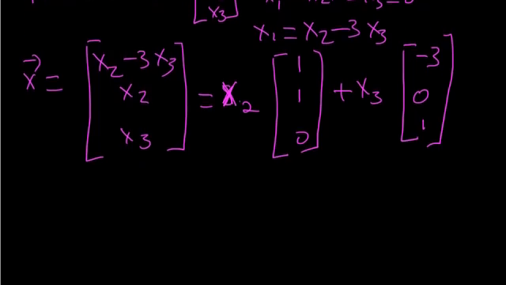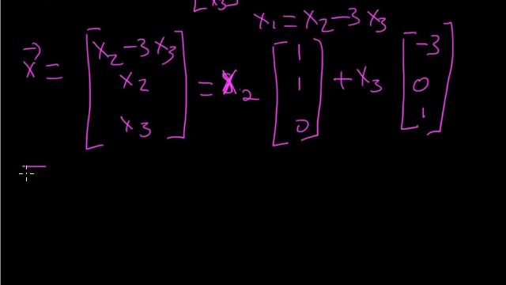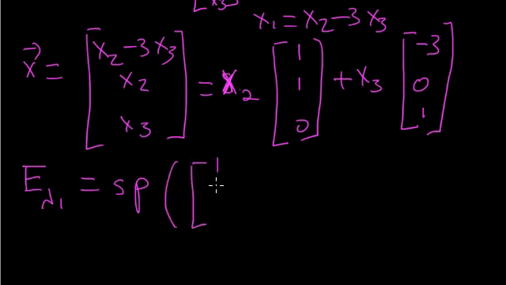So the eigenspace E lambda 1 of A or of T is the span of the vectors 1, 1, 0 and the vector negative 3, 0, 1.